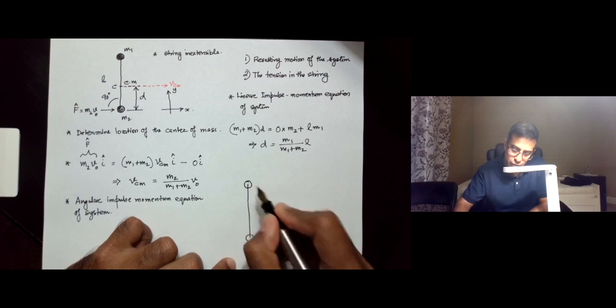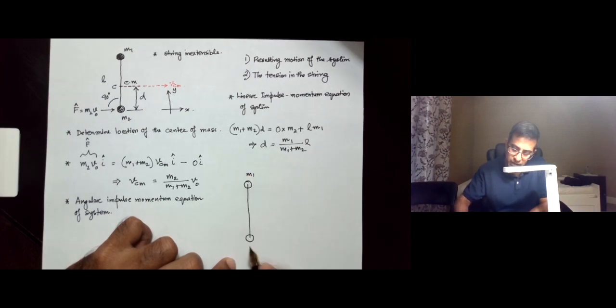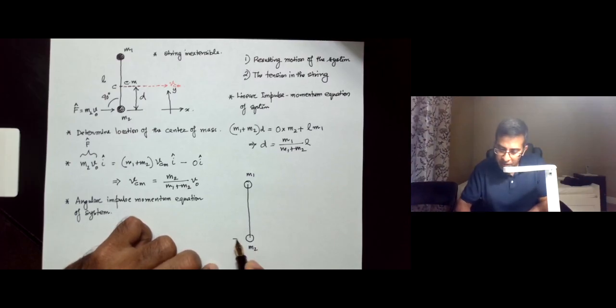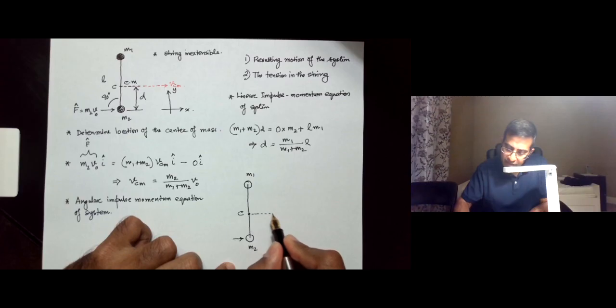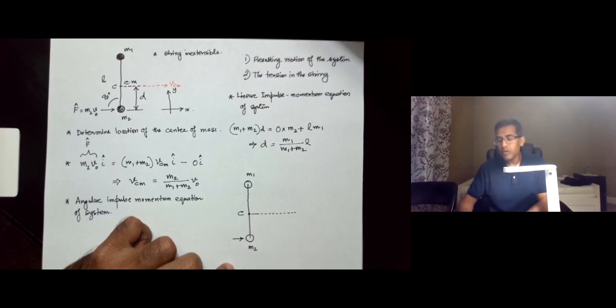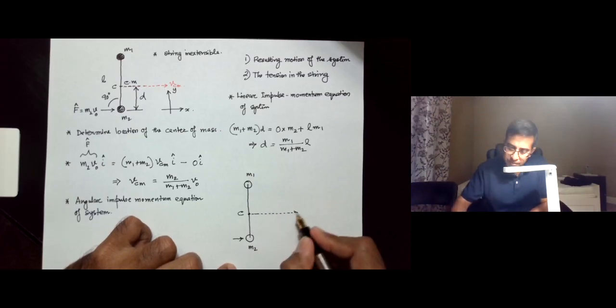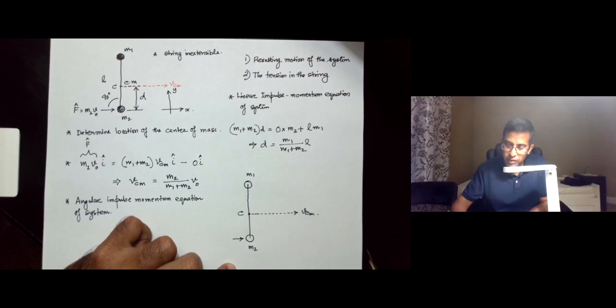So here are the two masses, m1, m2, and there is an impulse that is provided. The center of mass C is here, and we have said that it is going to move with a velocity vcm, which will remain unchanged.